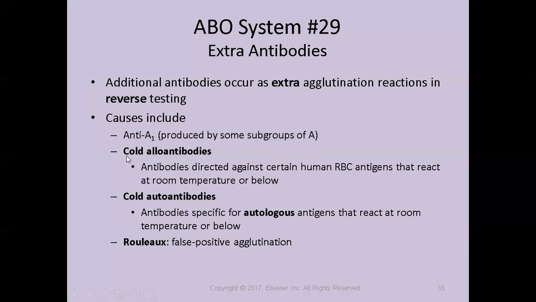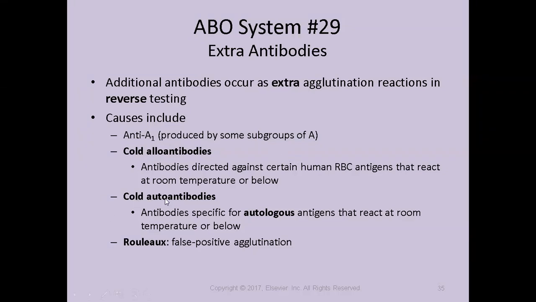Sometimes people can have cold alloantibodies, and a cold antibody is one that reacts best at room temperature, and room temperature is where we do our ABO testing. And these are antibodies that are directed against certain red cell antigens that react at room temperature.